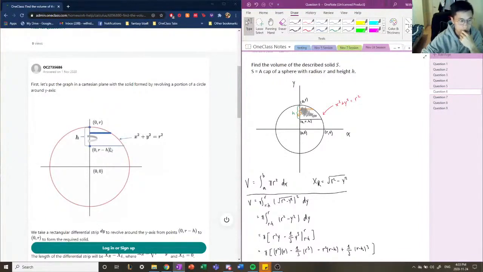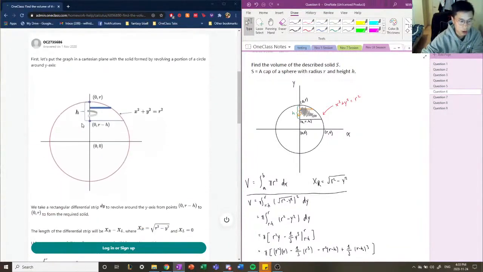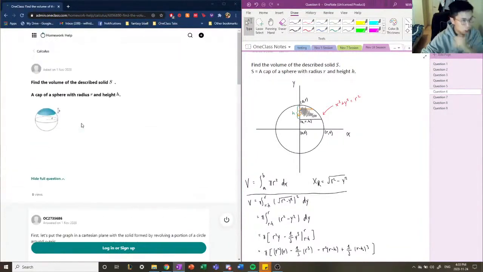Because of that, we reasoned that if we were to do a cross-section of this, we would have a circle with radius r, and this radius can give us the area of that cross-sectional circle. If we were to add up all those cross-sectional circles at different cuts, we would find the volume.